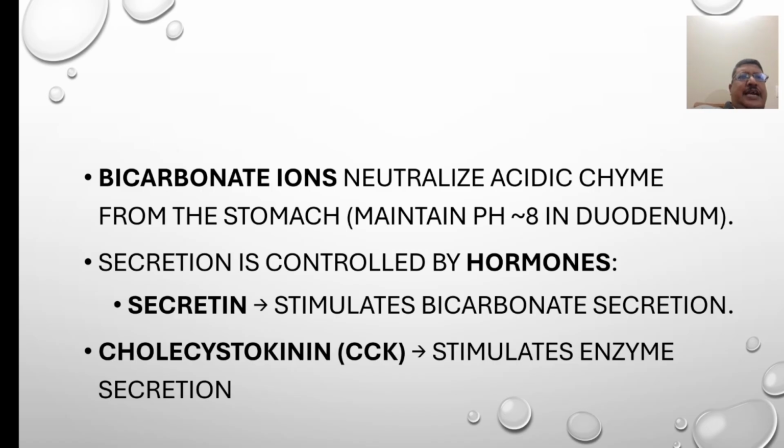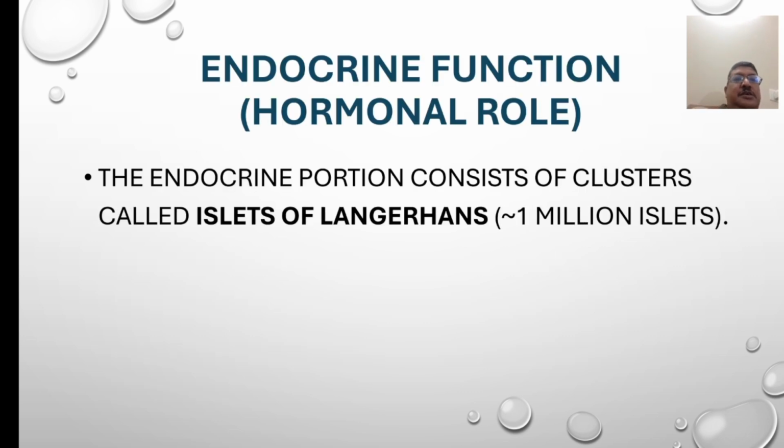Bicarbonate ions neutralize acidic chyme from the stomach, maintaining pH 8 in the duodenum. Secretion is controlled by hormones. Secretin stimulates bicarbonate secretion. Cholecystokinin stimulates enzyme secretion.